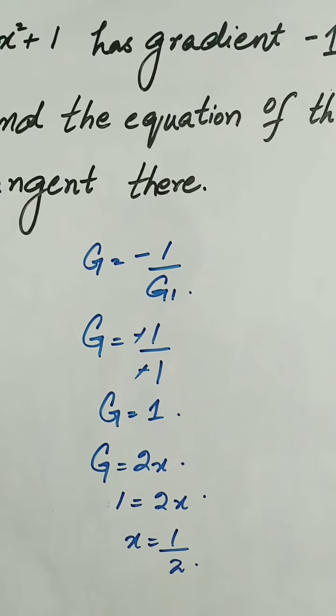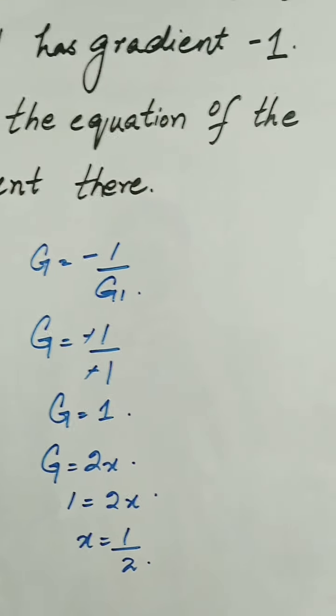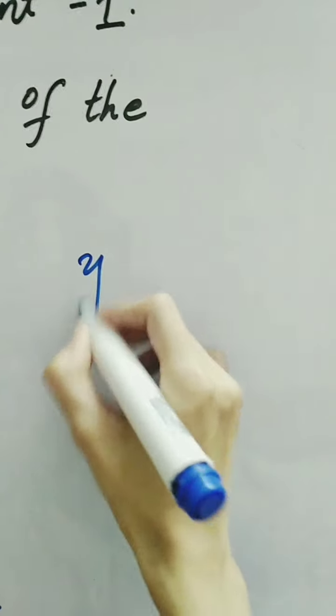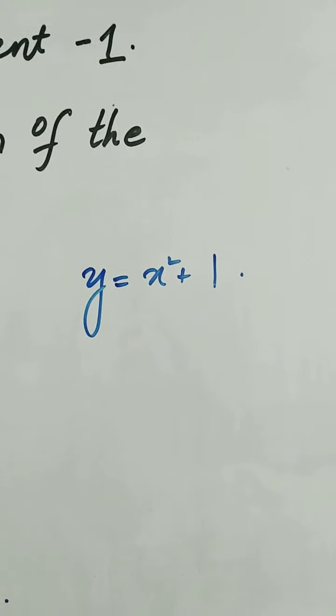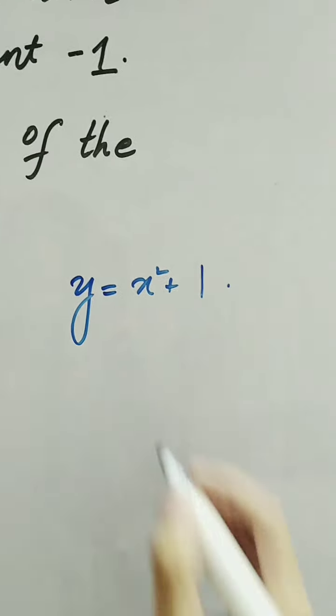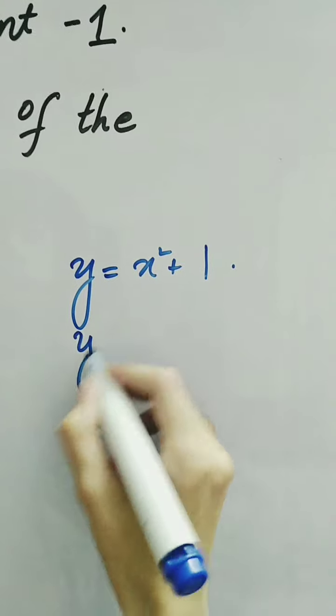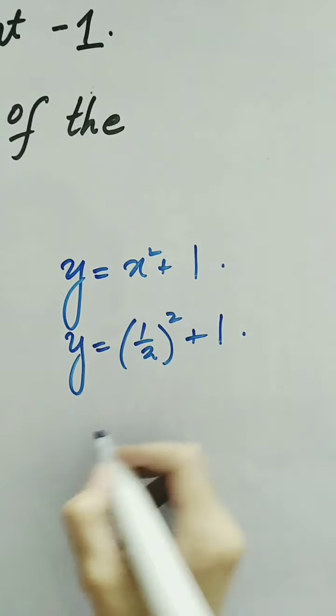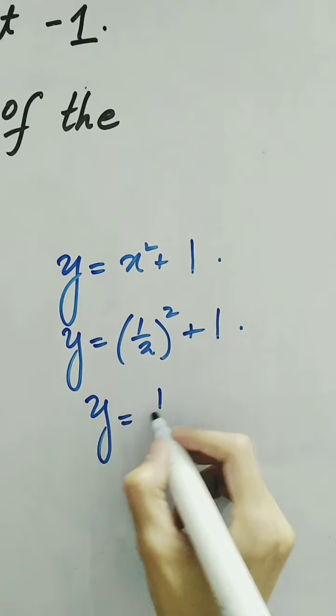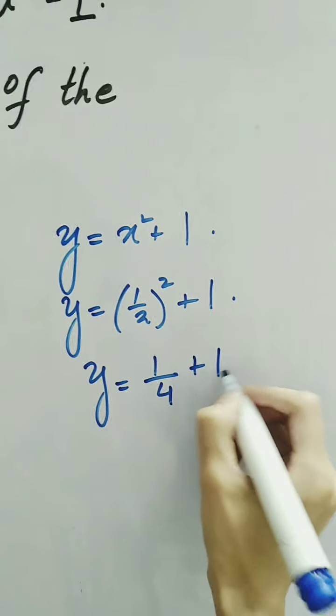Now we have a value of x and gradient, and with the help of the value of x, we will find the value of y, as we require these three things to find the equation. The value of y is 1 over 2 whole squared plus 1, it becomes 1 over 4 plus 1.